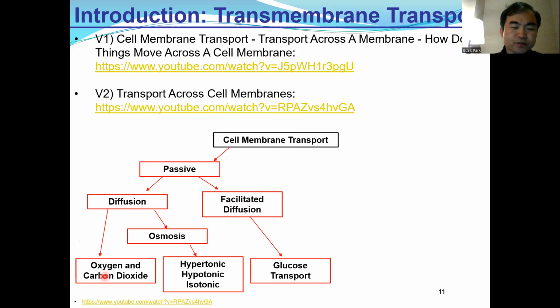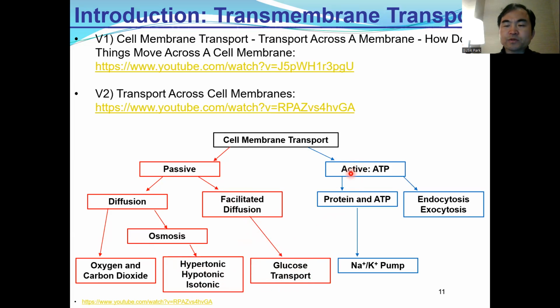Examples are diffusion of oxygen and carbon dioxide, and osmosis, hypotonic and isotonic. Facilitated diffusion is glucose transport. This is all passive transport. And active transport is where we use ATP as an energy source.